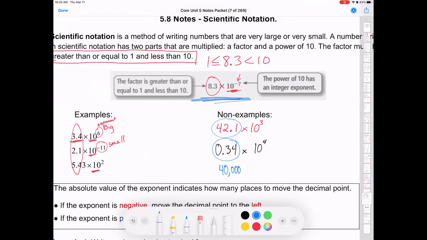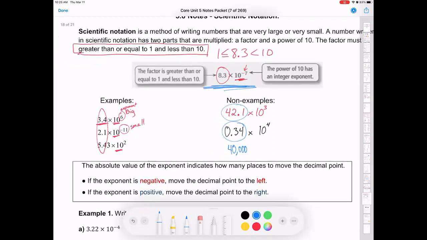Then they can say which one is a further distance. That's impactful because you can then find, possibly, other planets that maybe can house life. So a lot of times you're using scientific notation to compare different things after you've converted.